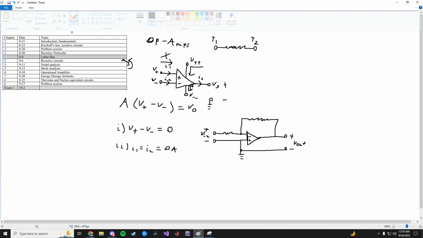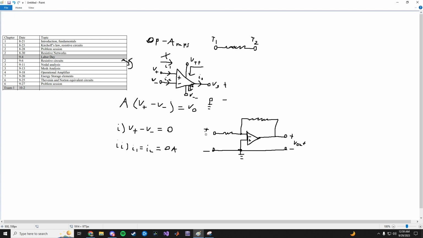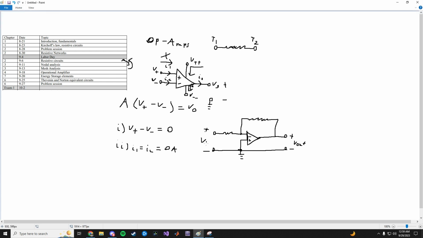This terminal will also be connected directly to ground. So that's Vn between these two terminals.